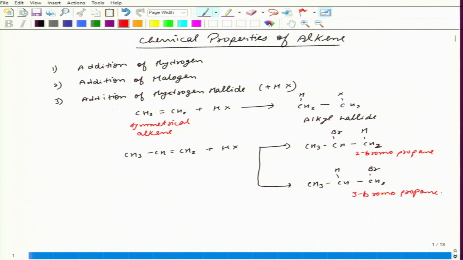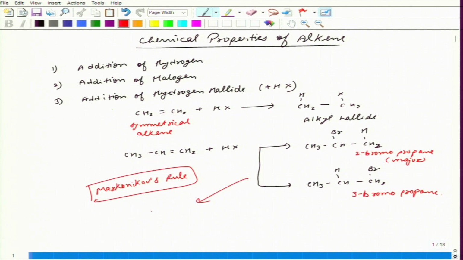In the previous class I discussed which will be the major product, and why 2-bromopropane is the major product in this reaction, which is stated by Markovnikov's rule. The reason is the formation of the more stable secondary carbocation.